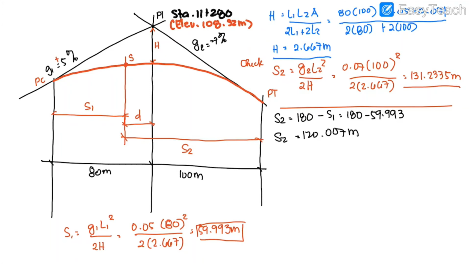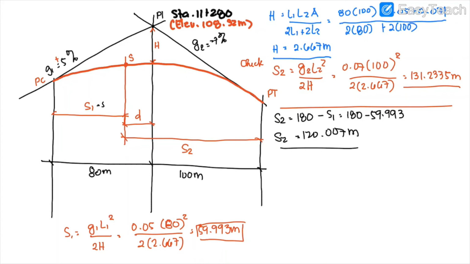gives us S2 of 120.007 meters. Okay? Kung nakuha na natin yan, basically, S1 is the location of the summit. The highest elevation within the vertical alignment is 59.993 meters from PC.